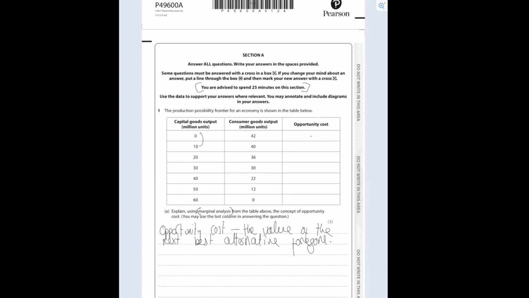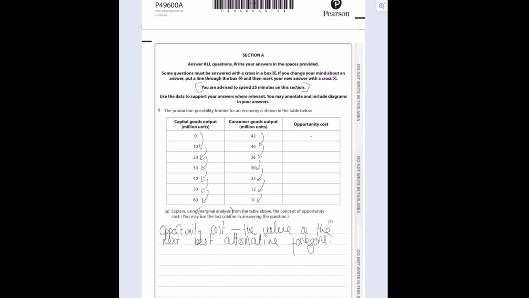We can see here that they're making more capital goods each time, and as a result, they are giving up consumer goods. So what we are concerned about here is the consumer goods, and we can actually fill in the opportunity cost. If I'm making 10 more capital goods, how many consumer goods am I giving up?